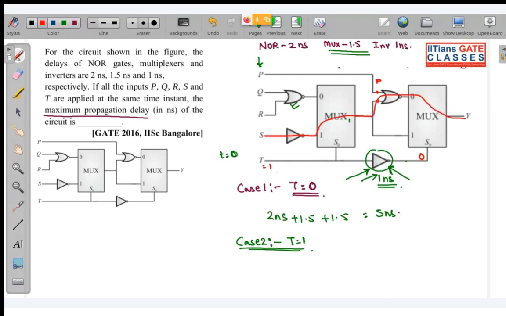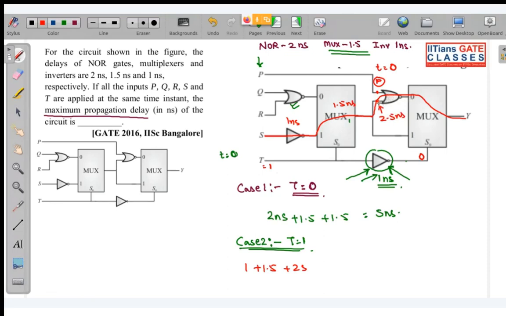This input of the NOR gate will be ready after 1 nanosecond for this and 1.5 nanoseconds for this, so after 2.5 nanoseconds. So write 1 plus 1.5, and for this NOR gate it is 2 nanoseconds. Why? This input P is already present from time 0, but this input required 2.5 nanoseconds.